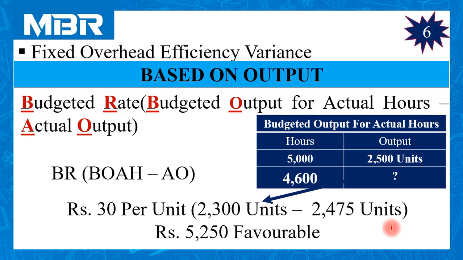Now, because of the information of IT, we need to calculate the seventh and last variance. This variance came into existence when the information of IT is given. Otherwise, we need not calculate IT variance.